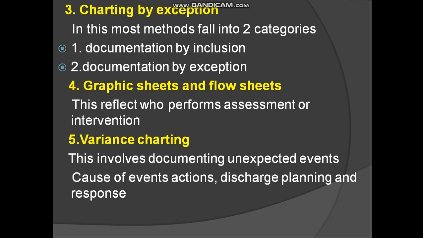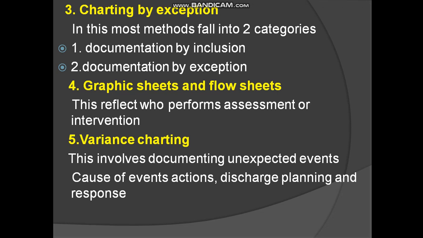Then the fourth one is graphic sheets and flow sheets. Graphic and flow sheets are suitable methods of drawing relevant information about the patient.